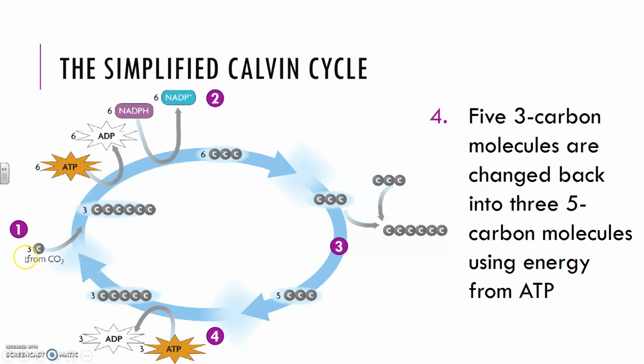So you add 3 carbons in the form of carbon dioxide into the cycle, you're eventually going to lose 3 in the form of this high energy 3-carbon molecule, and then you're also going to regenerate what you started with. That's why it's known as a cycle. As long as you can keep adding in 3 carbon dioxides and keep adding in energy, you can keep this cycle going.